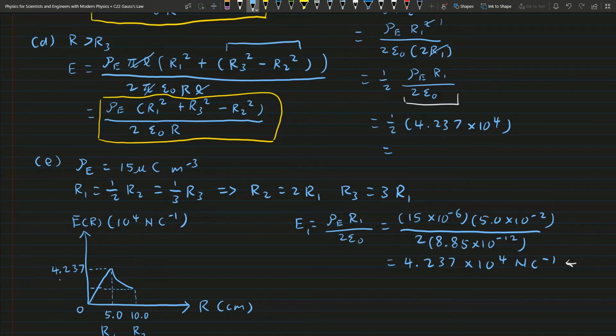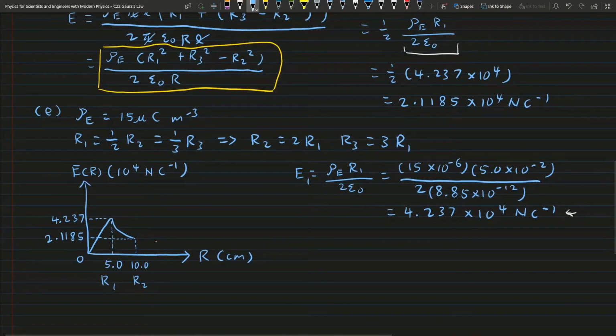So this corresponding electric field is given by 2.1185 times 10 to the 4 Newton per coulomb. We write down here 2.1185.